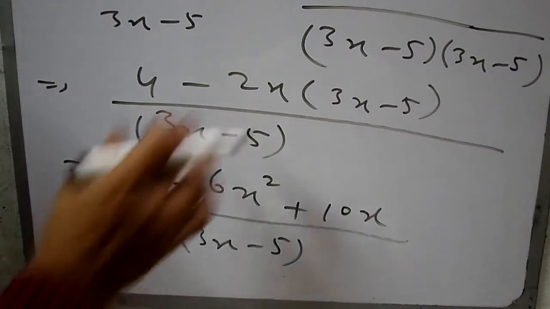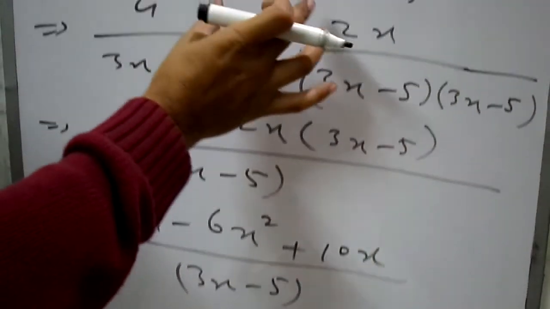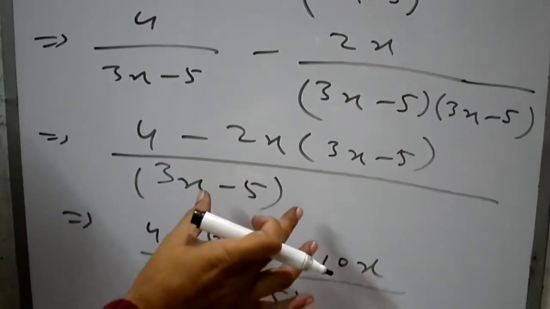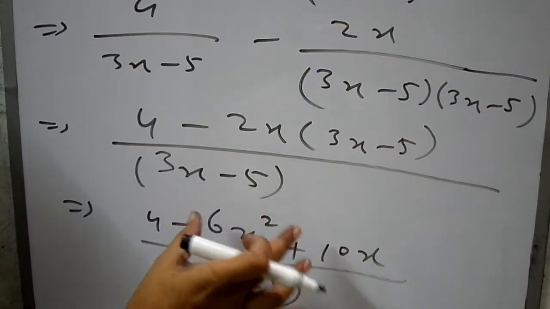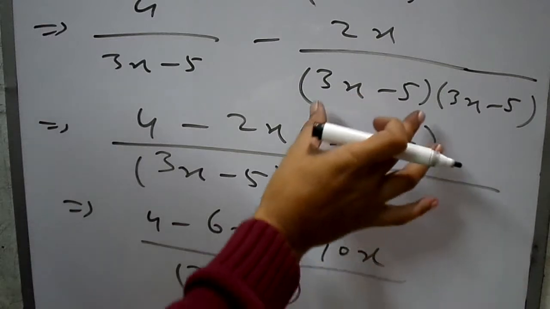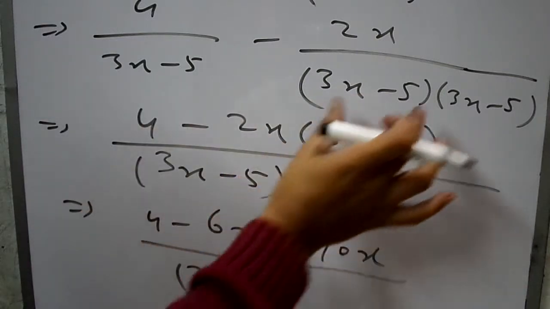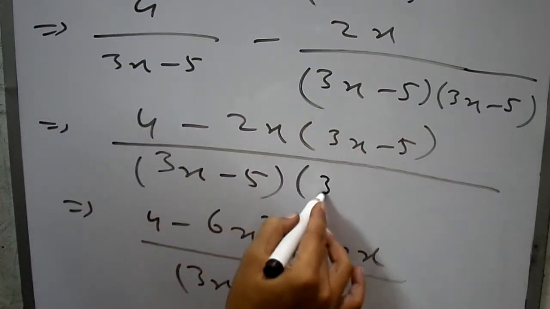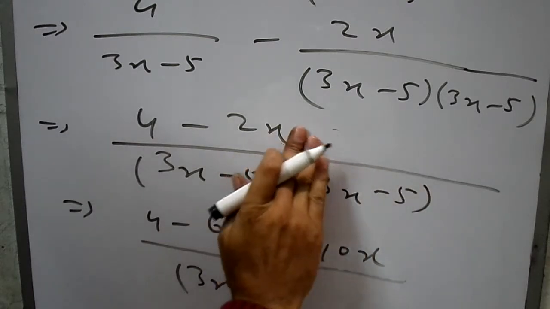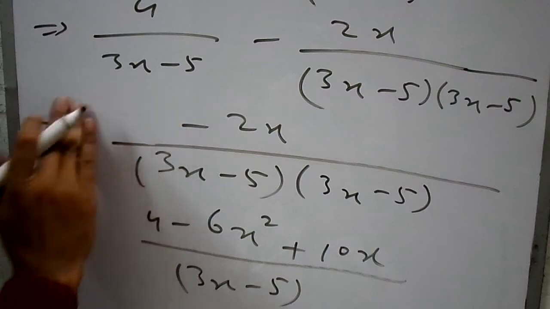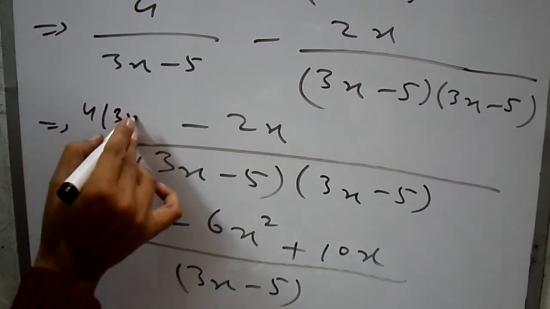That is 2 times we have written here, taking LCM. After LCM, you can see the LCM is the product of common into non-common once again, right? So here you can see only 2x, and here 4 into 3x minus 5.